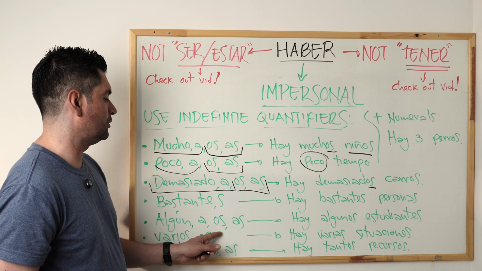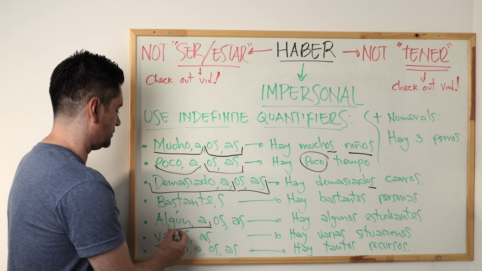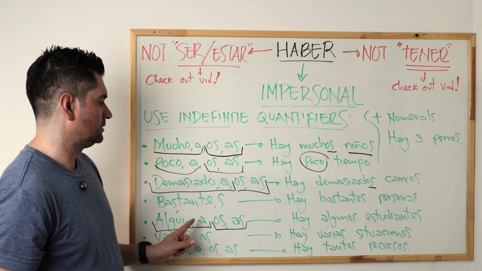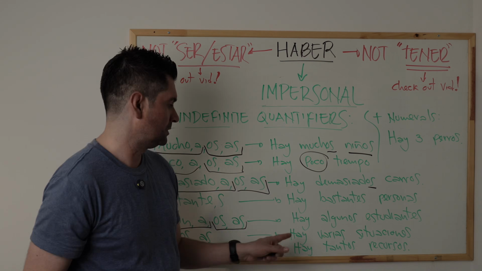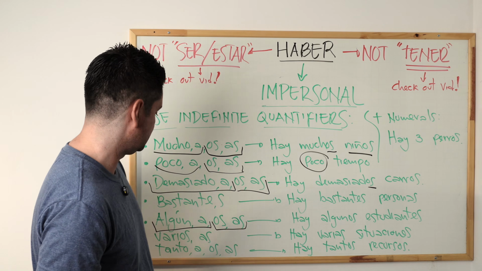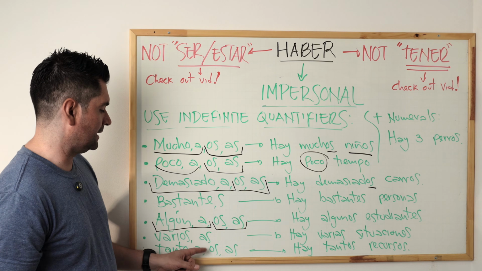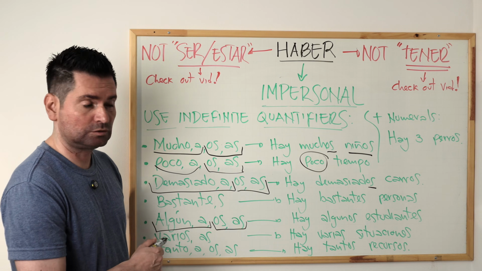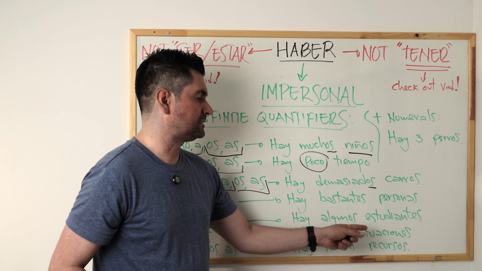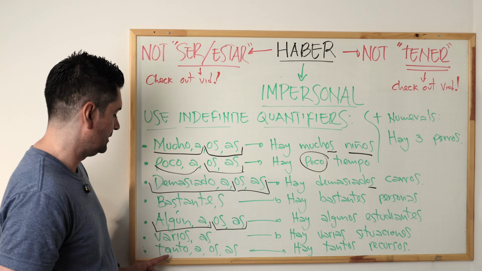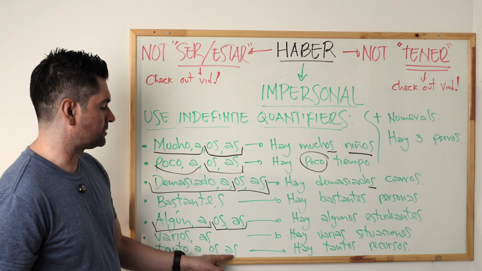Algún, alguna, algunos, algunas. Uncountable, singular. Countable, plural. Some or a few. Hay algunos estudiantes. There are some students. Varios, varias. This is always plural. Several. Hay varias situaciones. There are several situations. Tanto, tanta, tantos, tantas.